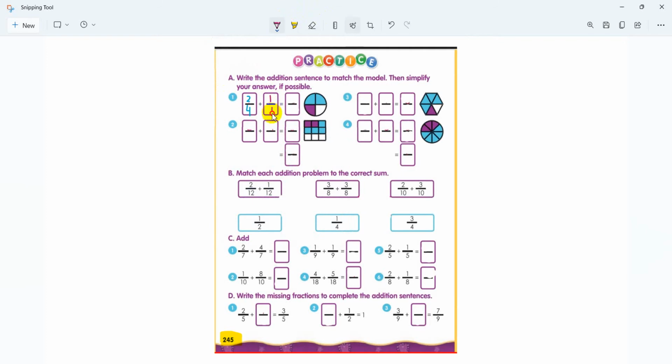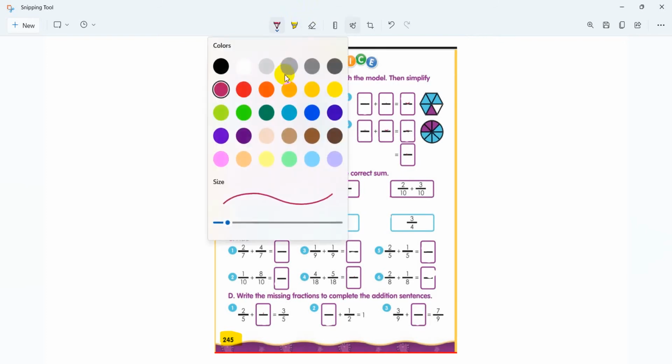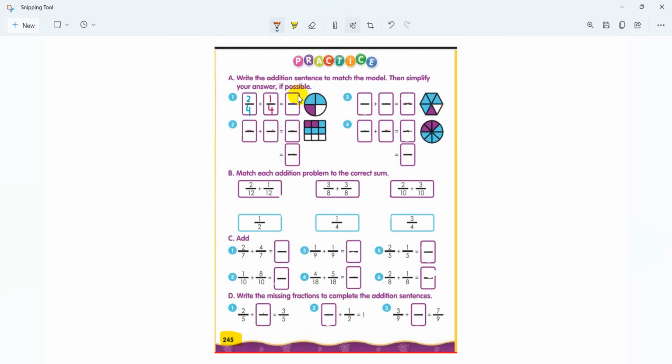If we add them, 2 plus 1 equals 3 over 4, 3 out of 4. That's about number 1. And if you look at the shape at the end, there are 3 parts out of 4, the same as with the model.